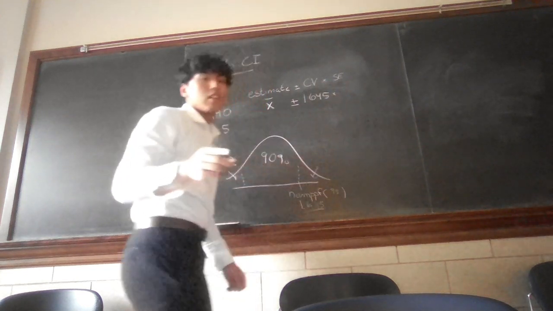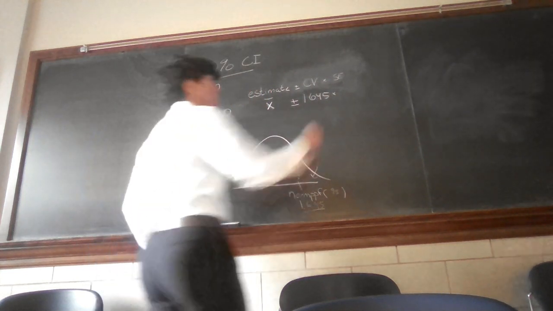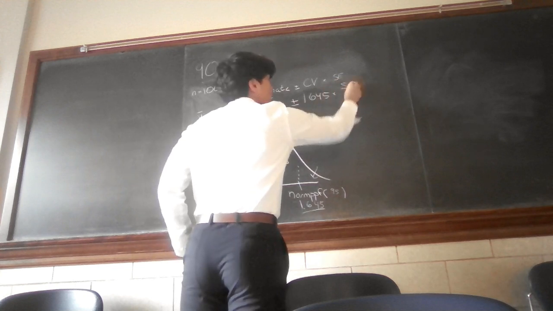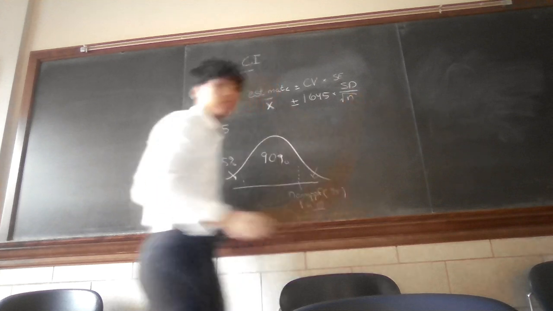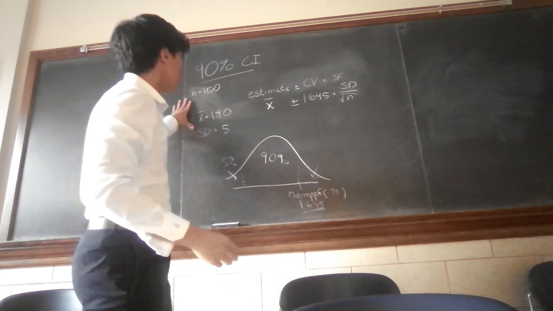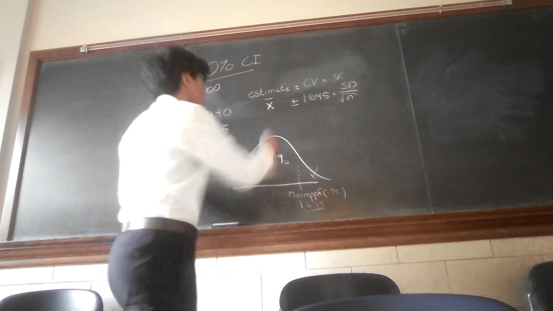Times the standard error, which is given by the sample standard deviation divided by square root of n. And now, since we have all of these here, we can just plug that in.